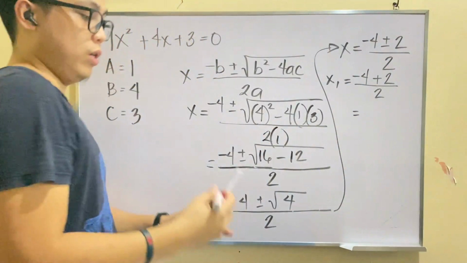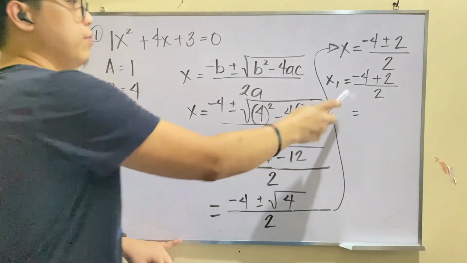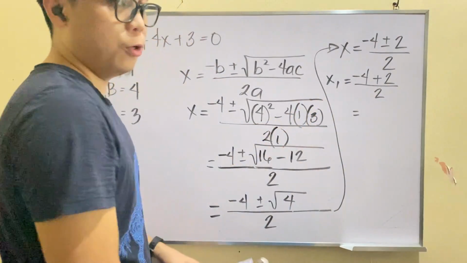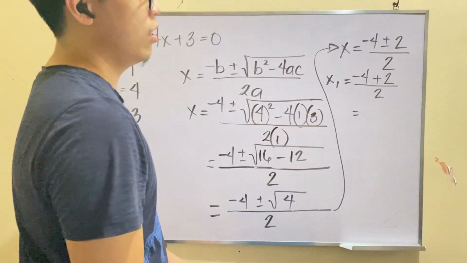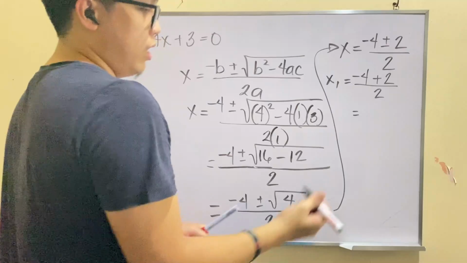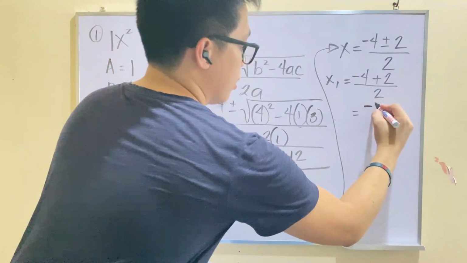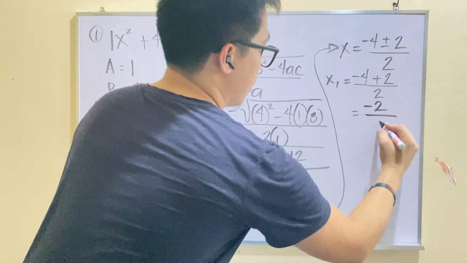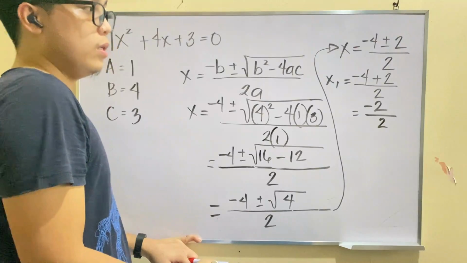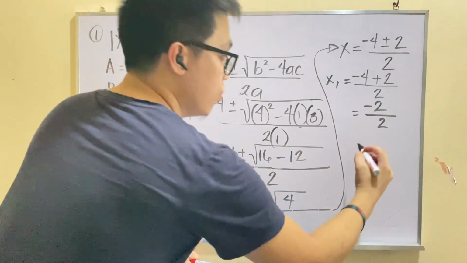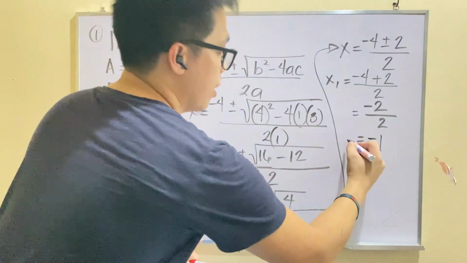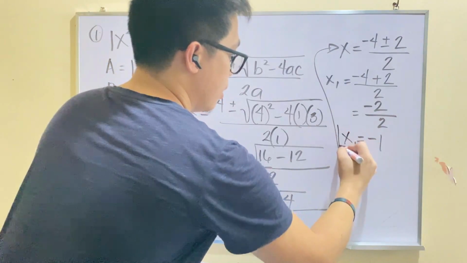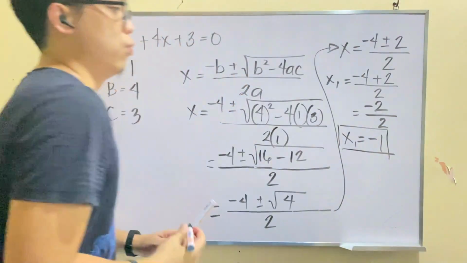Negative 4 plus 2 is ilan? So, a negative number plus a positive number. So, makikita nyo rito, magkaiba yung sign nila. So, negative 4 plus 2 is negative 2 divided by 2. Negative 2 divided by 2 is 1. So, may negative, so negative 1. X sub 1 is negative 1.